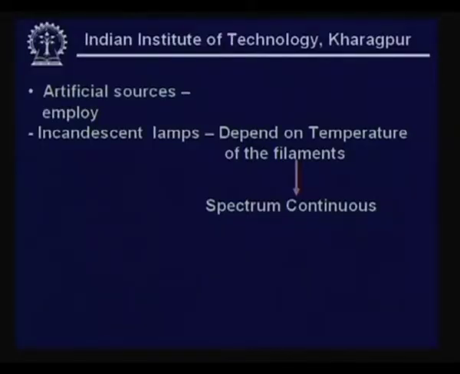We are in a time period where we work 24/7, that is round the clock, round the week. Incandescent lamps are one of the foremost sources that have been used. They depend on the temperature of the filaments, and they are known to produce what is called a continuous spectrum, as we saw in the radiation due to sunlight.